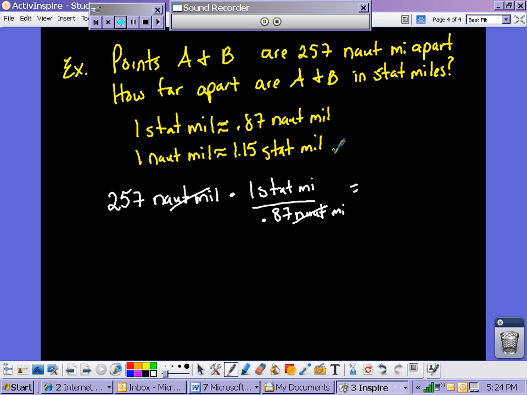And we're going to give the answer to the nearest stat mile, because we have no decimal points here. So we want to stay within the same limitations of our problem. So we end up with, did I not do it? 257.